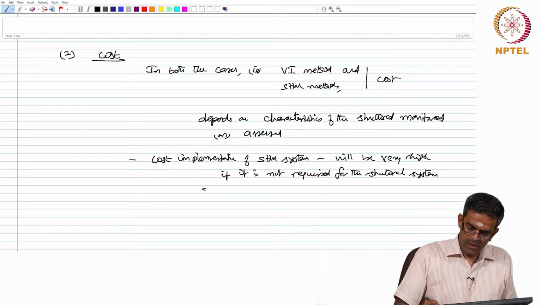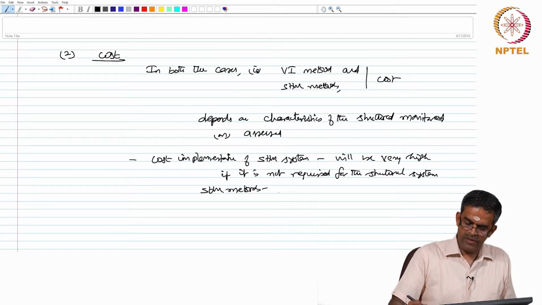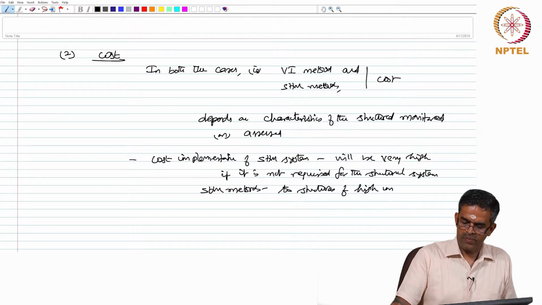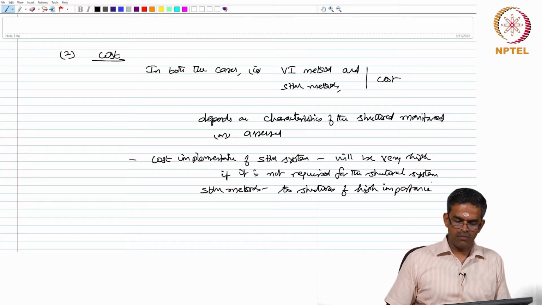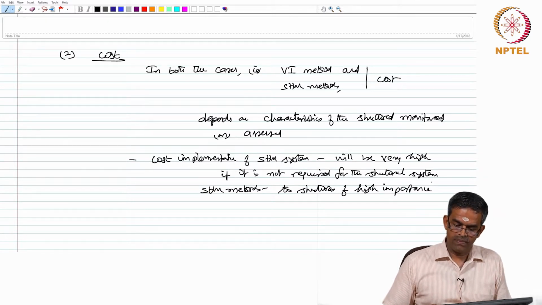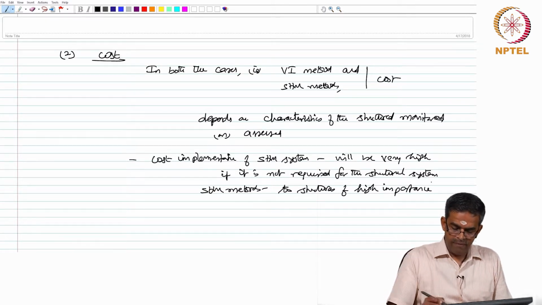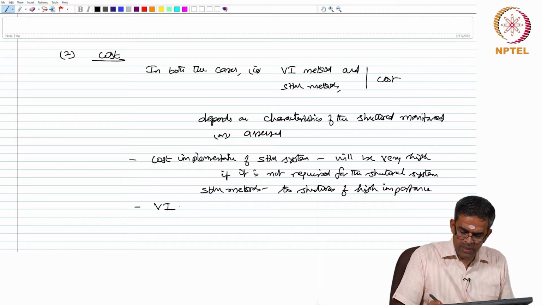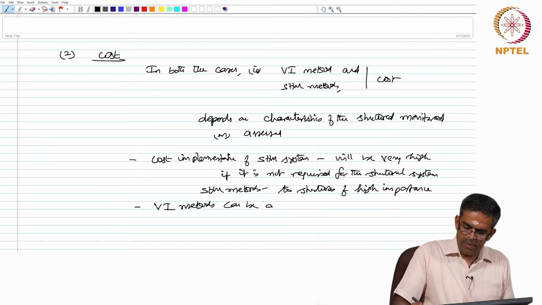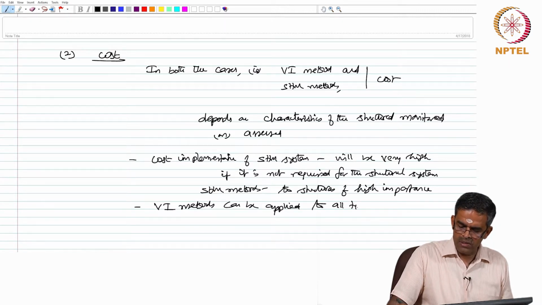This means SHM methods are applicable generally to structures of high importance. I mean, all structures cannot be and need not be monitored, because it is very expensive, prohibitively high, whereas visual inspection methods can be applied to all types of structures.